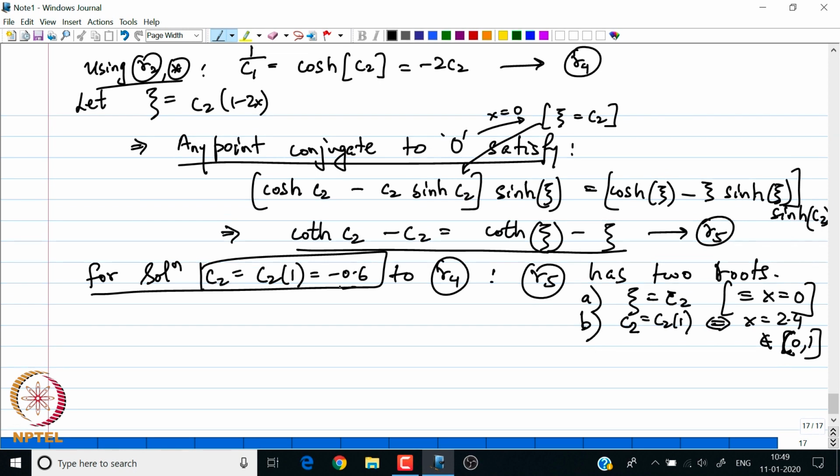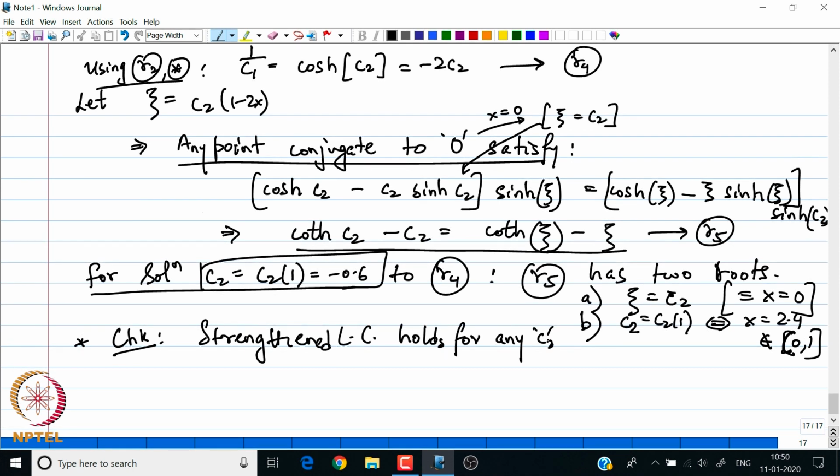So, students can also check that the strengthened Legendre condition is true. The strengthened Legendre condition holds for any constant C2. So, that is not a problem.